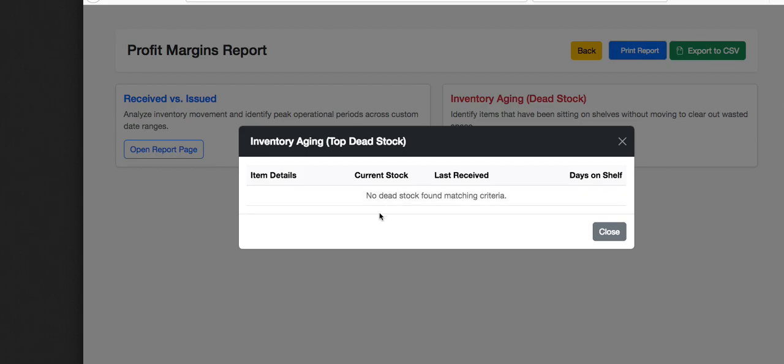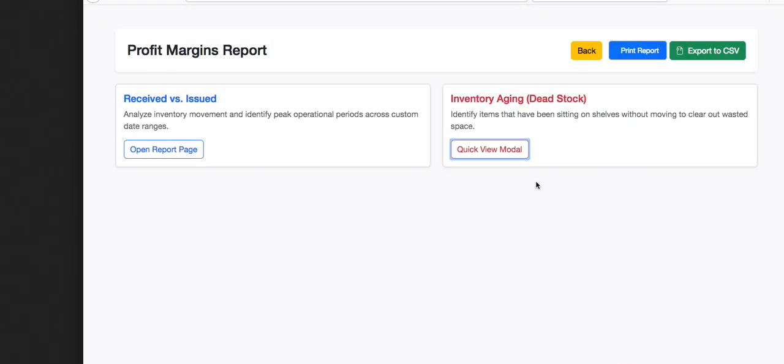Right now it says no dead stock found matching criteria, so that's okay. And then this one is another one. Instead of reading itself again, it reads another file.